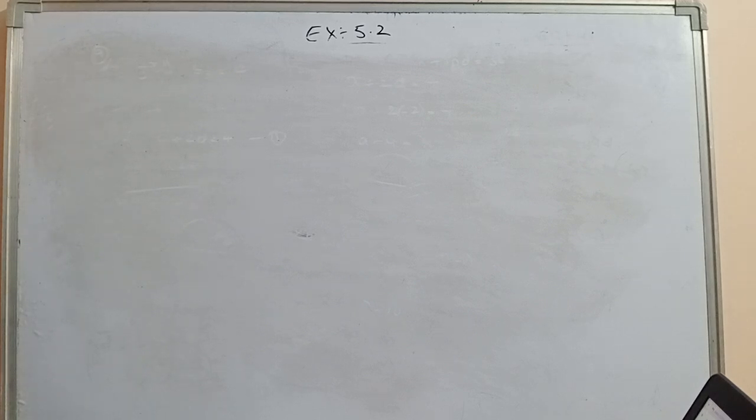The question is, if the 17th term of an arithmetic progression exceeds its 10th term by 7, find the common difference. Common difference we have to find.